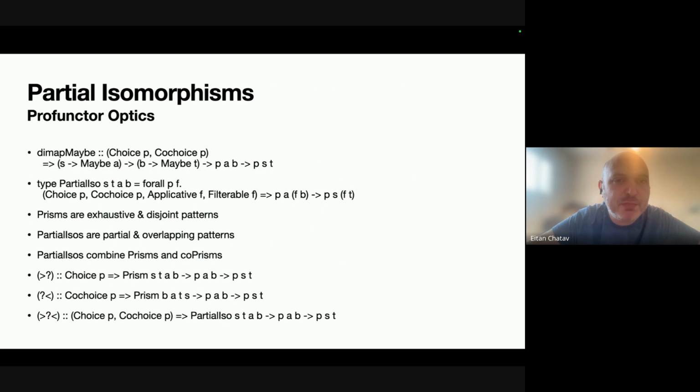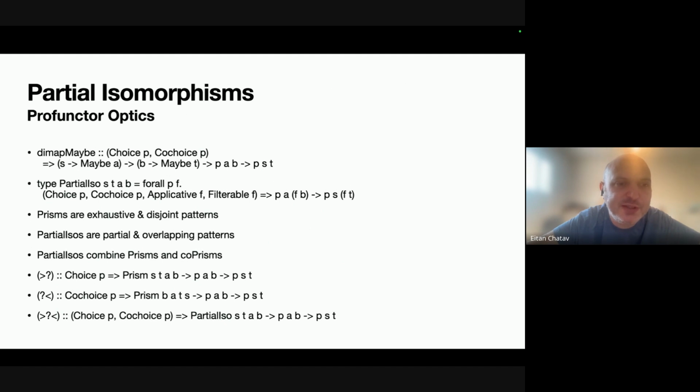So we can represent partial isomorphisms in this optics form because we have a function that we can define, dimapMaybe, which takes an s to Maybe a and a b to Maybe t and gives us back a p a b to a p s t, as long as p is both choice and co-choice, which just means reverse the arrows from the defining methods of choice.